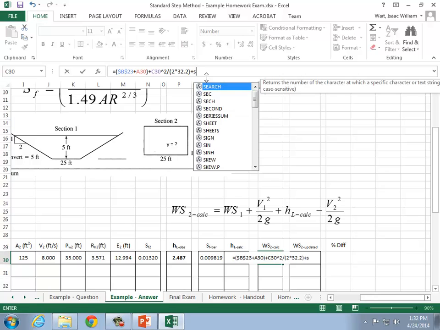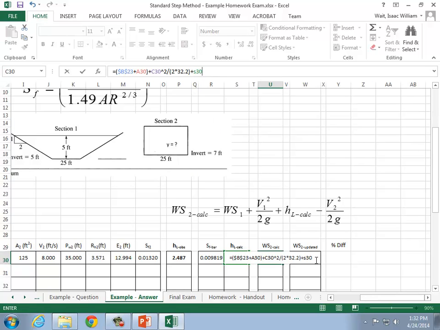So I'll just type in S30 to get the calculated head loss, and then subtract the velocity head at 2. So minus V squared divided by 2 times 32.2. Alright, that gives me the estimated water surface at 2 dependent on our guess information that we've had so far.